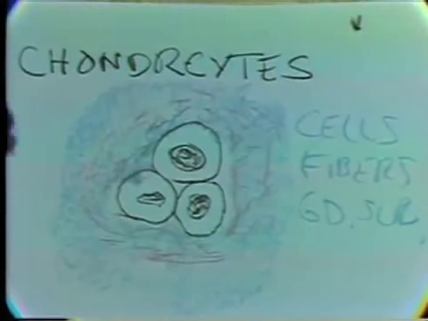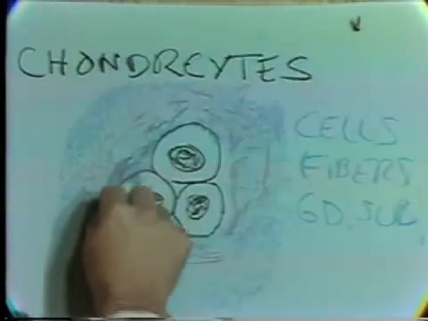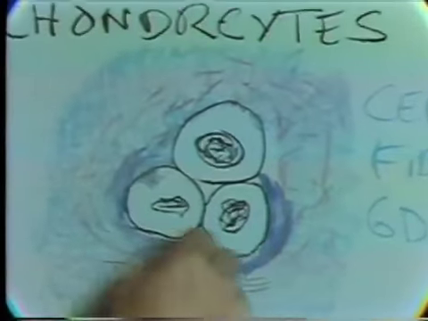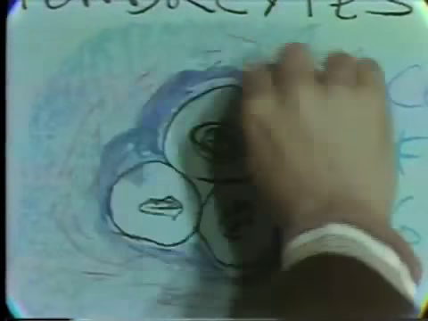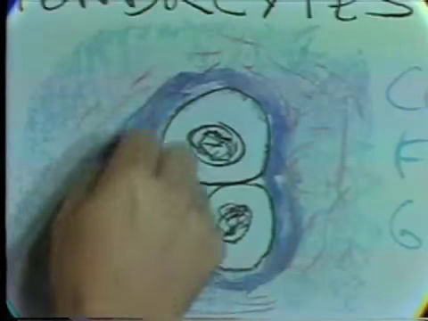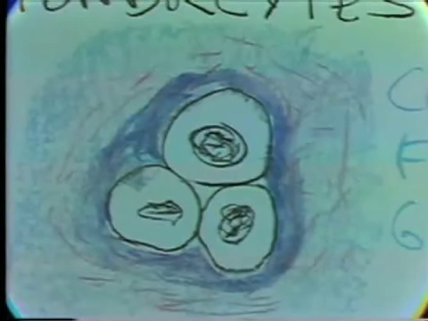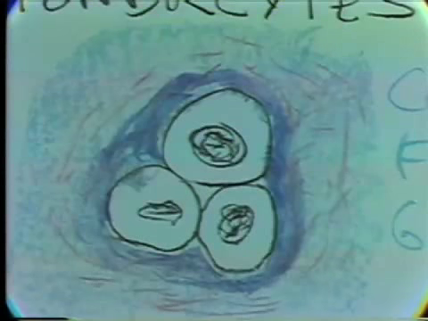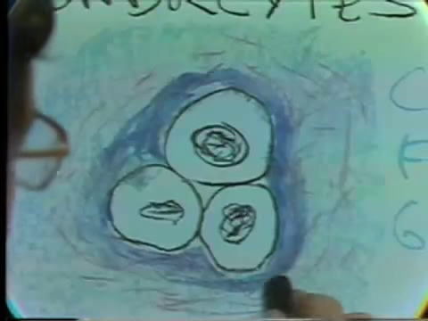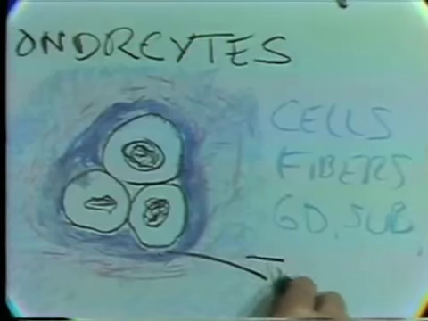Now, this mucopolysaccharide ground substance is a little bit different around the cells. So it gives an appearance kind of like a capsule in the immediate area. It'll stain a little bit different. And some people call this the capsule of these cartilage cells. Let me put some terms in here for you. This matrix right around the cells is called a territorial matrix.